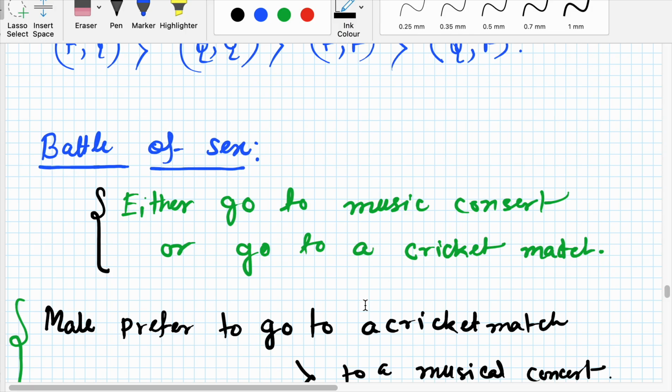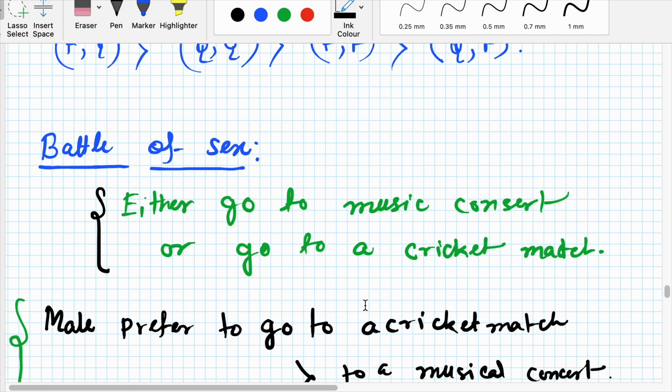Here we want to make sure that in the battle of sexes situation both individuals always prefer to do something together. They don't prefer at all the situation where both of them are doing separate things individually.